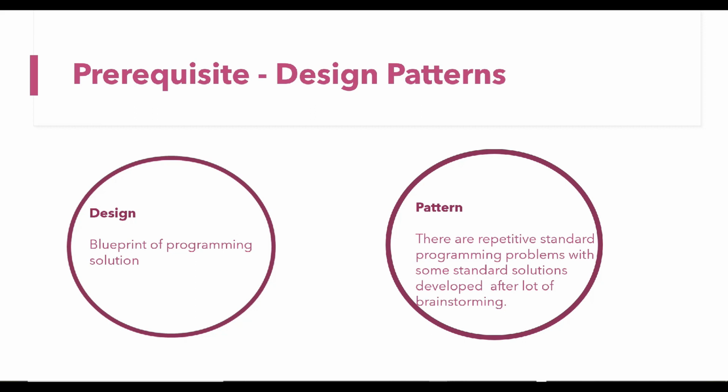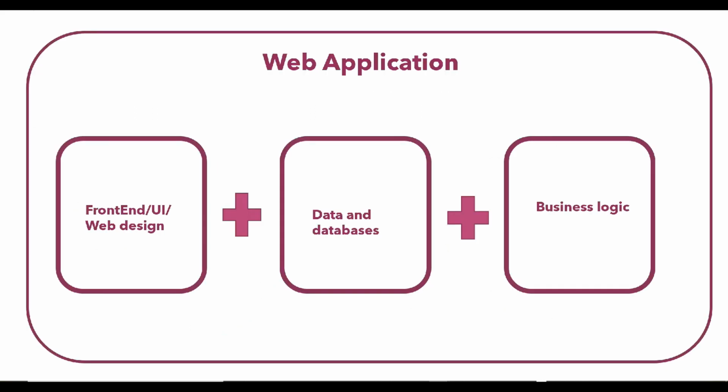So this is your pattern. If we combine them, design pattern. So for standard problems, we have some standard solutions. One such design pattern we are going to discuss today, which we use in Django. So now you're clear with the concept of design pattern. What is a design pattern?